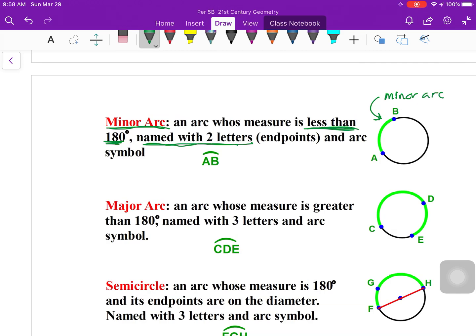So this would be a minor arc. Again, it has to be less than 180 degrees, and it's named with two letters, and the arc symbol.